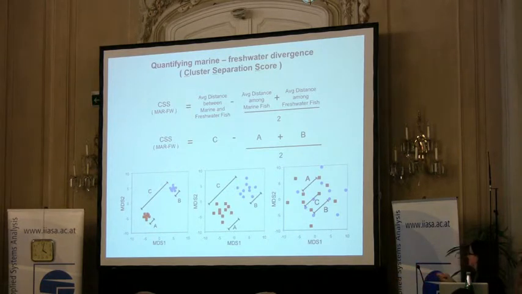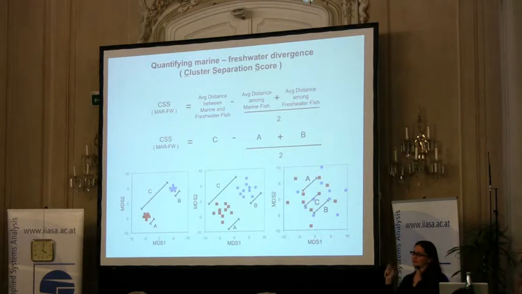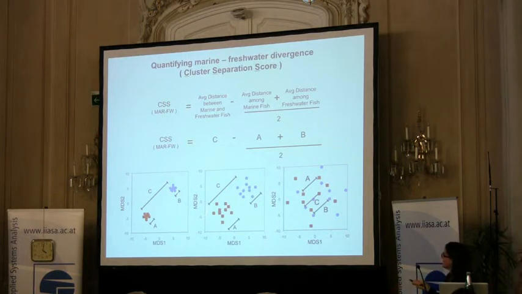We come up with this cluster separation score that reflects the magnitude of clustering. This is a really useful measure of parallel evolution, because it reflects this pattern of global reuse of standing genetic variation. It's a parallel divergence measure.